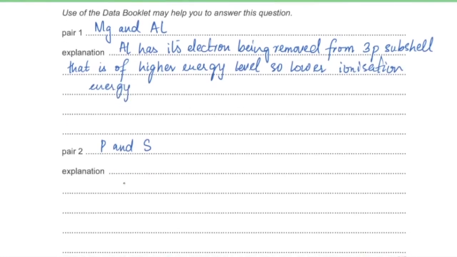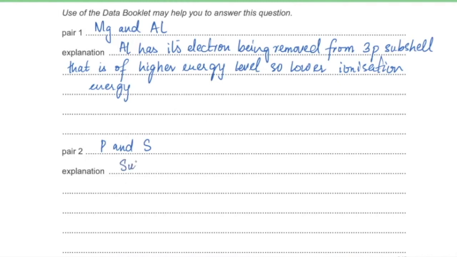Now, as far as phosphorus and sulfur are concerned, sulfur has a paired electron in a 3p orbital, that is 3p4. It will be having a 3p4 subshell, and the electrons will repel each other and not much of external energy is required to separate them.